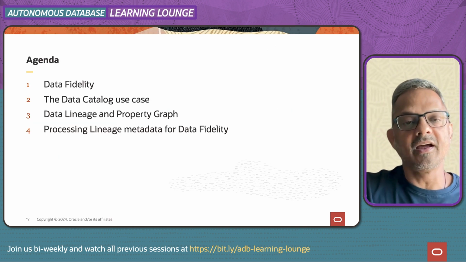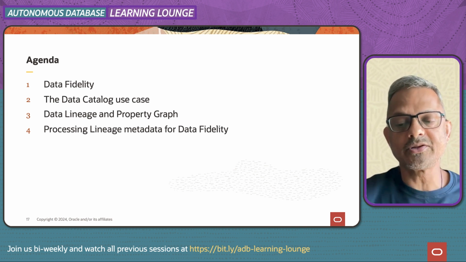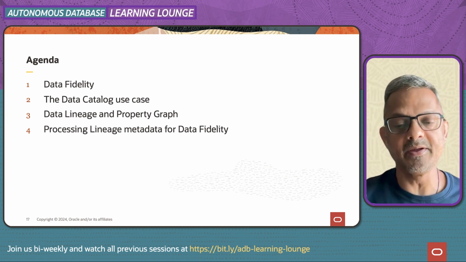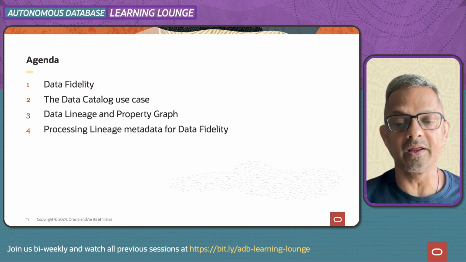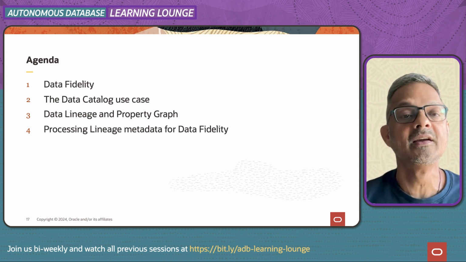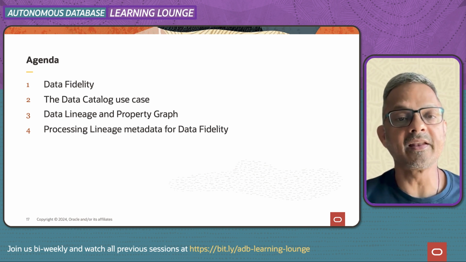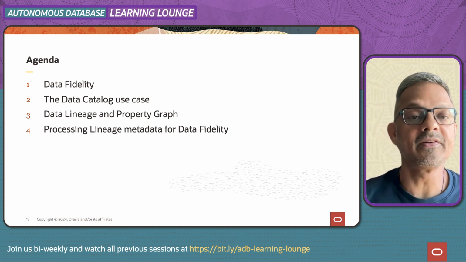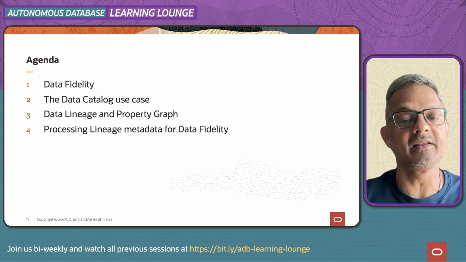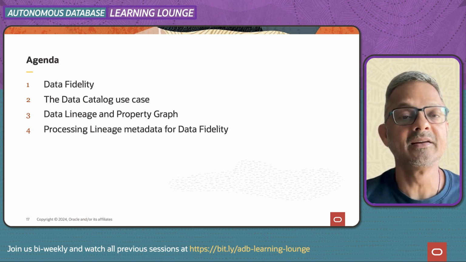In this session, I want to talk about data fidelity, maybe spend a couple of slides on explaining what we really mean by data fidelity, the properties or the qualities of data fidelity. And then I want to do a small intro to the data catalog use case on why it's important for the users of data catalog to understand their data.